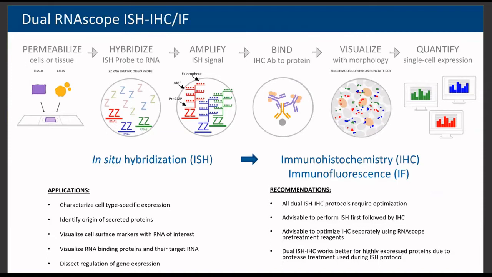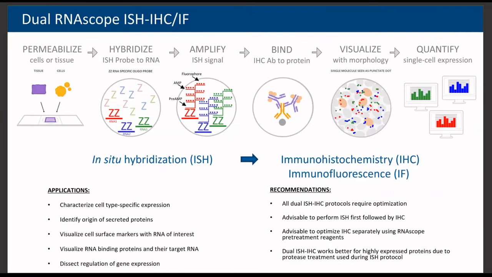This is referred to as dual ISH IHC and can be used to characterize cell type specific expression, identify the origin of secreted proteins, visualize cell surface markers with RNA of interest, visualize RNA binding proteins and their target RNA, and also dissect regulation of gene expression.